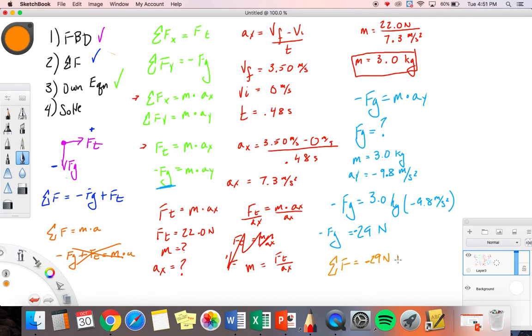So I am going to add 22 newtons to this negative 29. And you get a value of negative 7 newtons. And once again, we want to decide which direction. Well, the force of gravity is the one that is larger. It's the one that is contributing the most to the acceleration of this object. And the force of gravity is in the negative direction. And it is specifically in the y direction, meaning that we are going to write y hat, and that would be the net force of this entire problem.